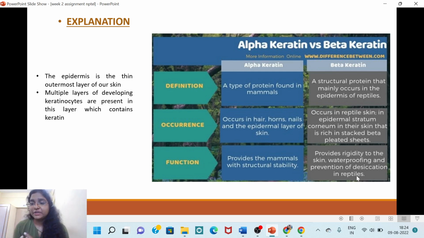So the protein found in human beings or mammals is alpha keratin, and our question was which keratin is found in our nails. In nails, hair, horns, we have alpha keratin, not beta keratin.